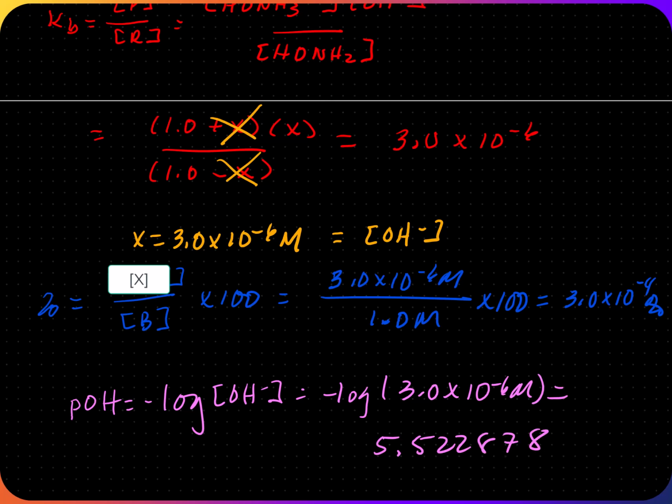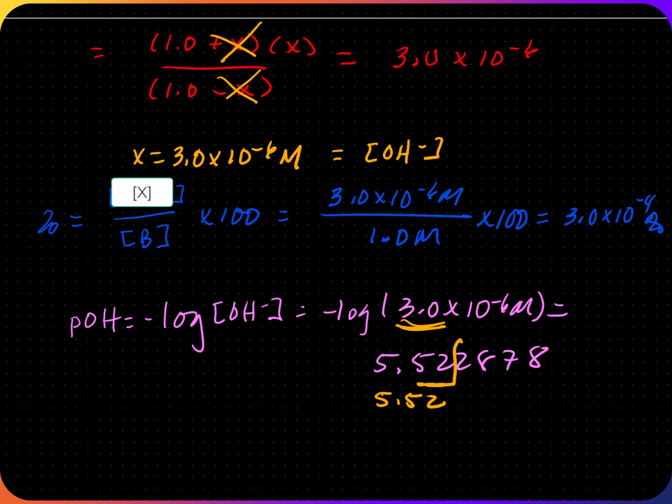Correct sig figs must start after the decimal. There are 2 in the number, so it's going to be 2 places after the decimal. So pOH is 5.52. They do not want pOH, they want pH.